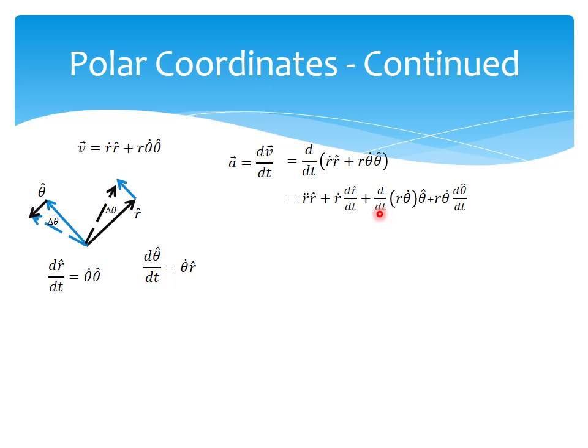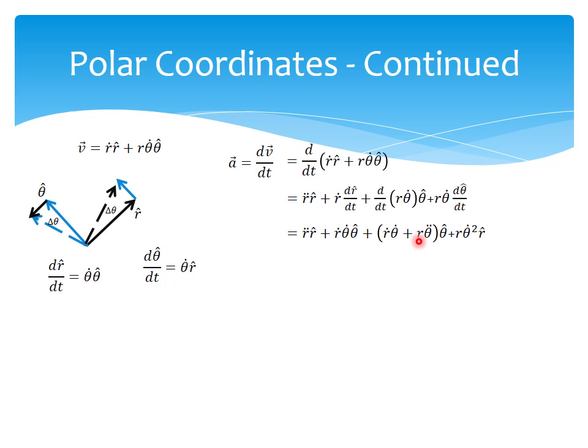And if you see, I've got my derivative with respect to time for r hat, and a derivative with respect to time for theta hat, and then I have the derivative here of r and theta dot. And what we're going to do is take these definitions for the derivatives of the unit vectors and plug them in. And if we do that, we get this expression.